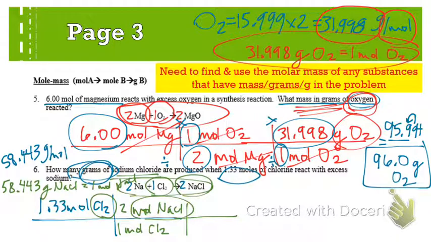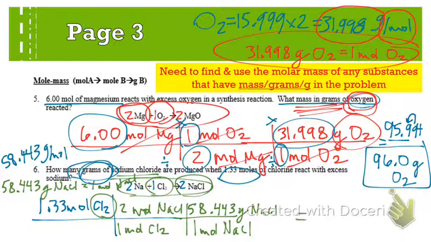Now I have moles of NaCl, so this 1 goes on bottom, and the 58.443 grams of NaCl goes on top. So this answer is going to end up being 155. Technically that's 0.4, but that won't round the 5 up, and that's going to be grams of NaCl.